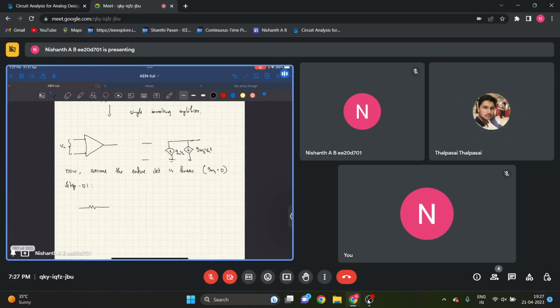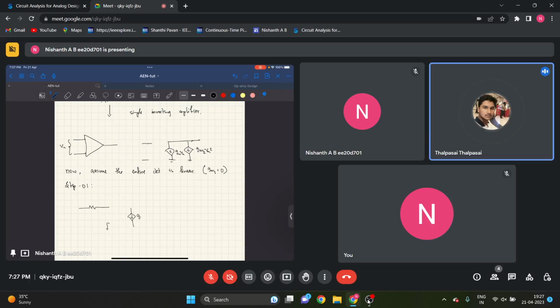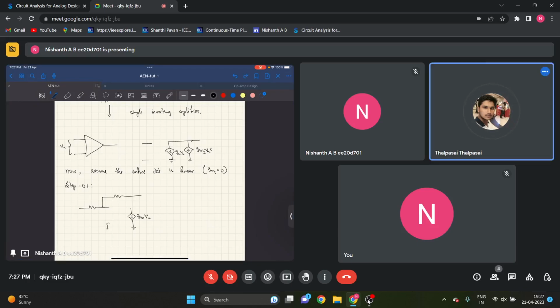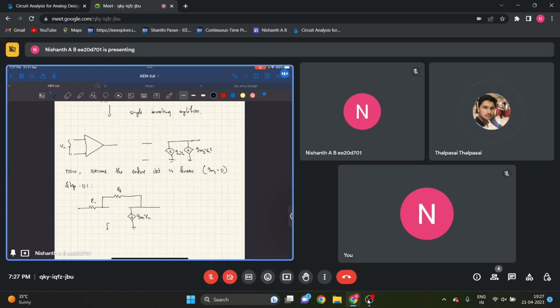It looks something like this. Gm3 Vx and a feedback Gm Vx, ground, feedback resistance RF, R1, V in, V out.